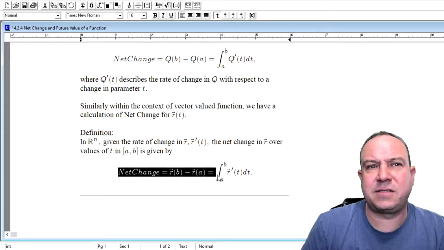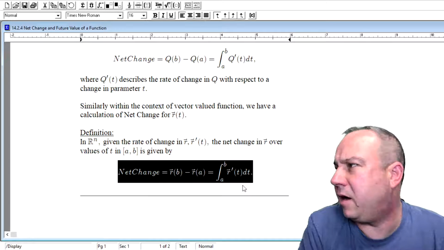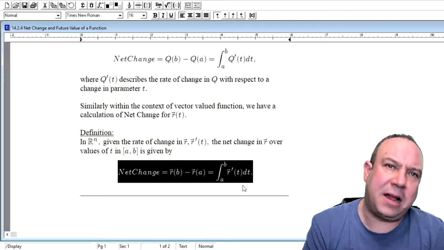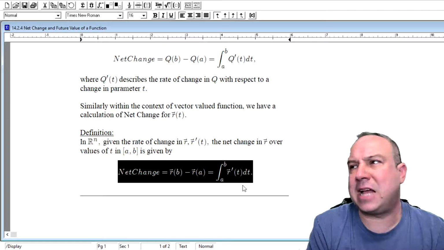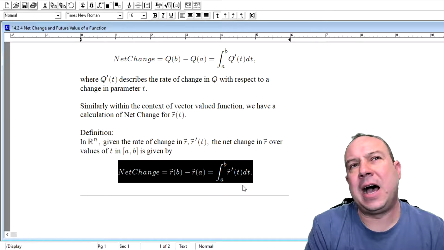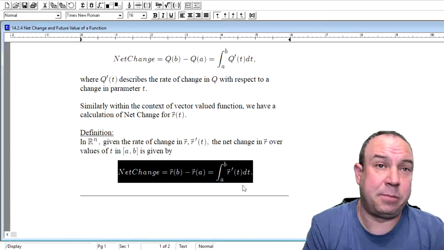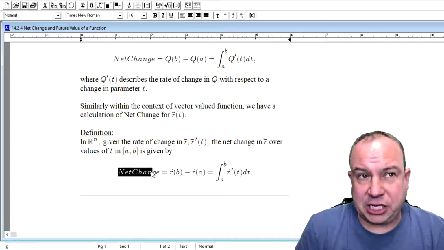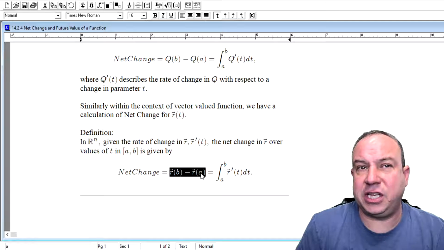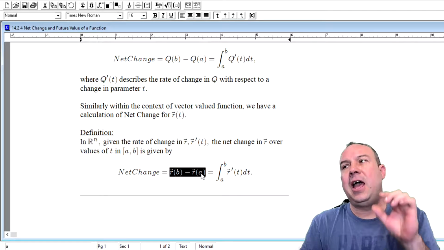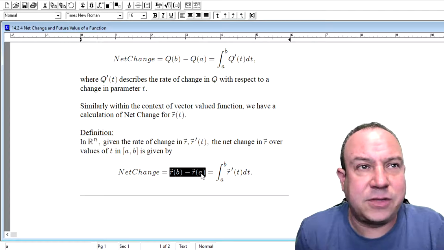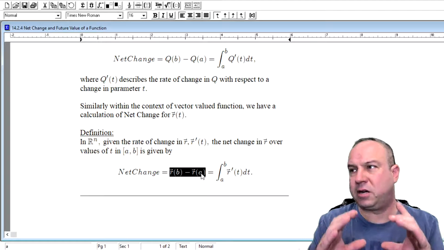You'll notice it looks very similar to what we have above, except it incorporates vector valued functions as opposed to the scalar quantity described by the function q of t. Net change for vector valued functions is the change in a vector valued function over values of its parameter t in some closed interval from a to b.